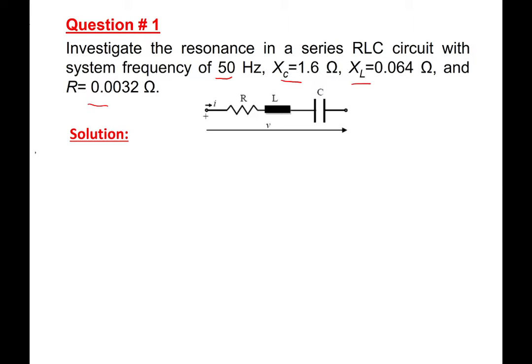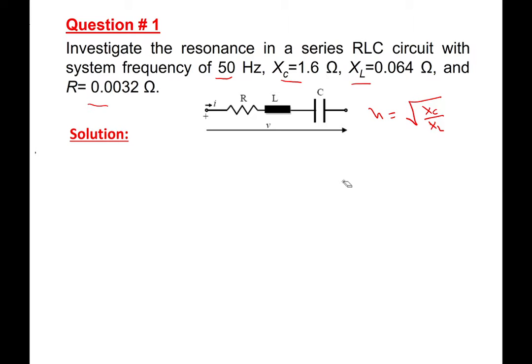Let us first find the harmonic order. We can find the harmonic order H by dividing XC over XL, and taking the square root. We can also find the quality factor.